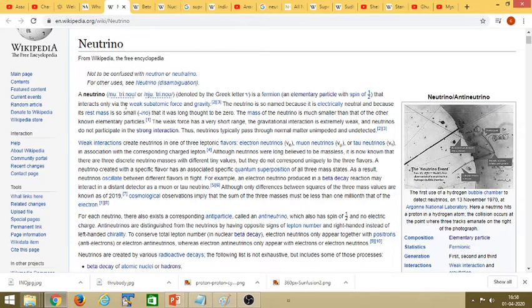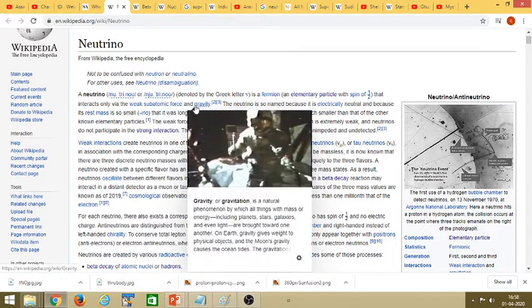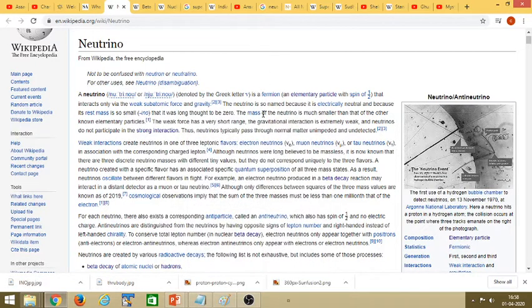A neutrino is a fermion, and a fermion is an elementary particle with spin of 1/2 that interacts only via the weak subatomic force and gravity. It is so named because it is electrically neutral and because its rest mass is so small that it was long thought to be zero.